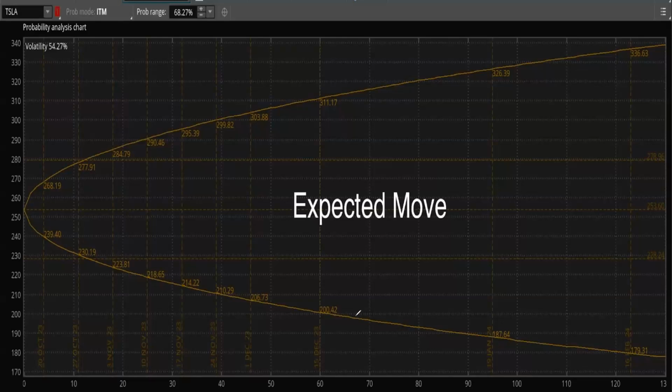So here you can see, this is just off of Thinkorswim, that this is what the expected move calculation is based off of the Black-Scholes. And you can see your expiration dates here. So when you look at it, based on any of these expirations, this is how far the expected move is being calculated.